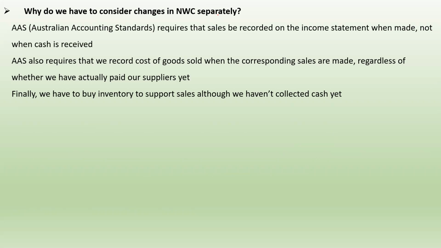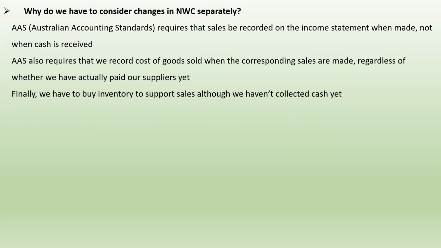Why we consider this change is because of the Australian accounting standards, which include the matching principle. The matching principle requires that we record the cost of goods sold when we have revenues.